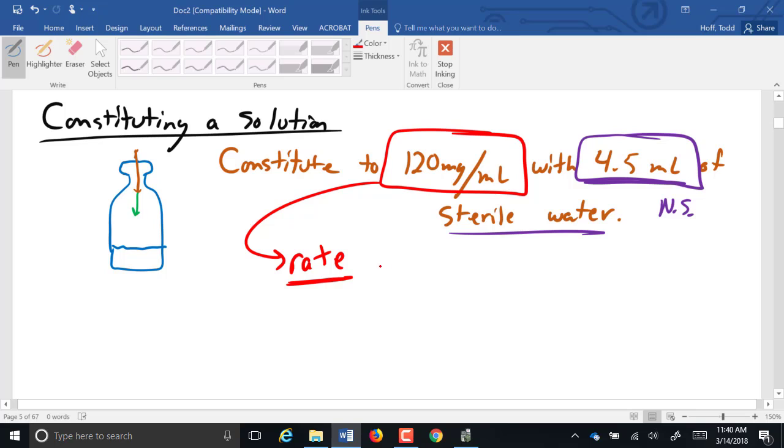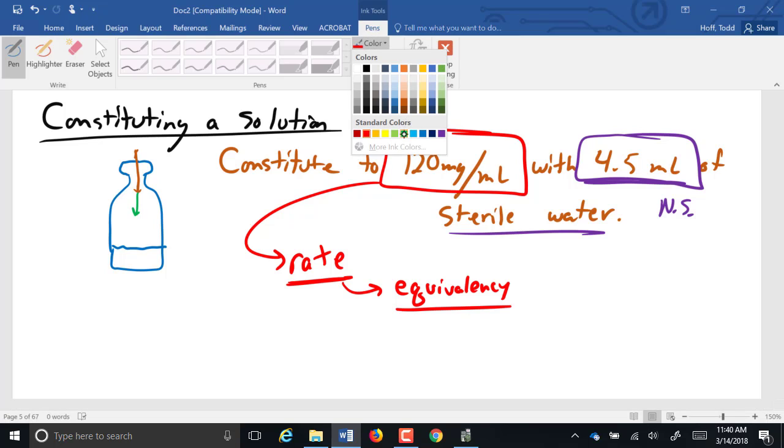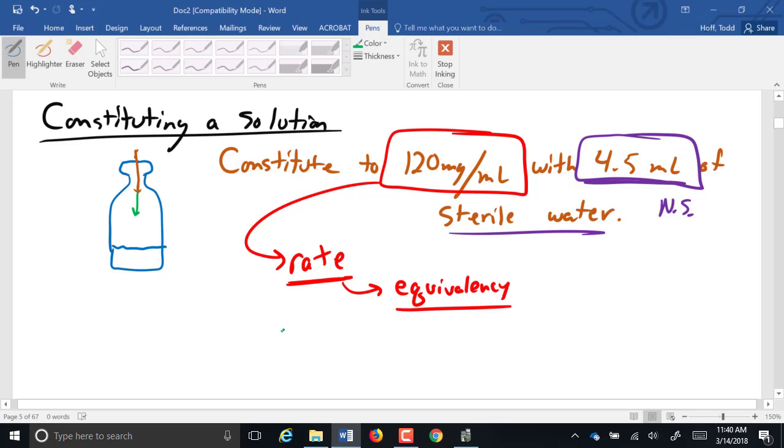And rates can always be used as an equivalency for making unit conversions, in dimensional analysis. So that rate of 120 milligrams per milliliter, remember, really represents 120 milligrams over 1 milliliter.